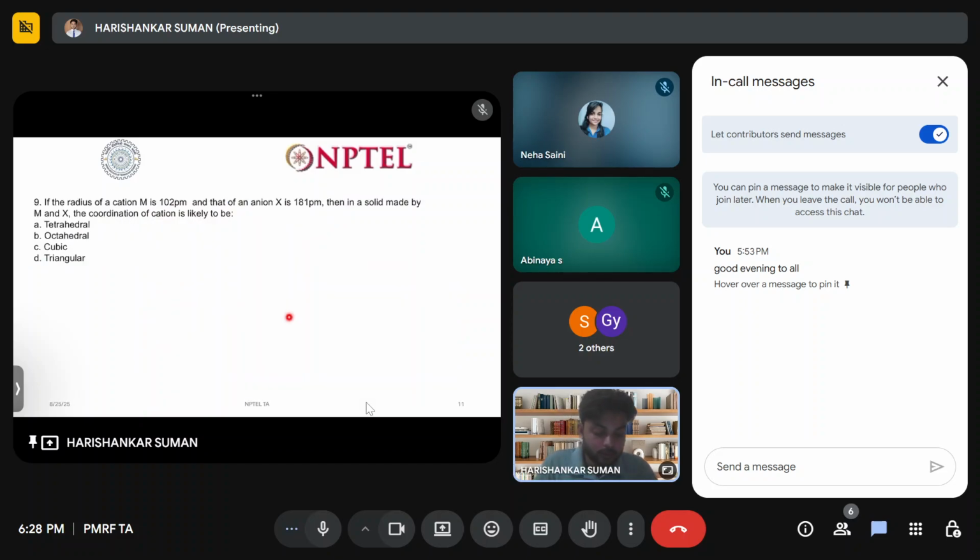So see next question. If the radius of the cation M is 102 picometer and that of anion X is 181 picometer, then in a solid made by MX, the coordination of the cation is likely to be tetrahedral, octahedral, cubic, or triangular.